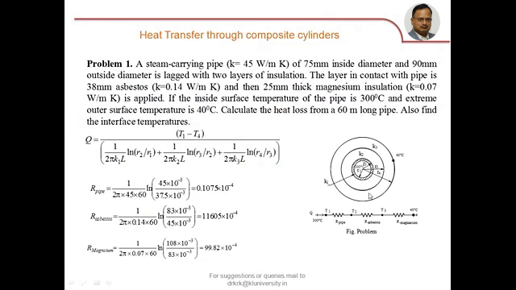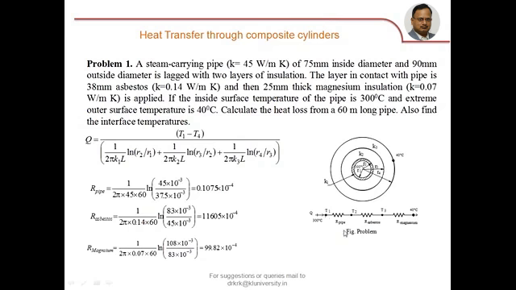And I can see that all the three resistances act one after the other in series. So let the temperature at the interface be T2 here and T3 here. So from T1 to T4, you have in between T2 and T3. T1 is known, 300, T4 is 40.